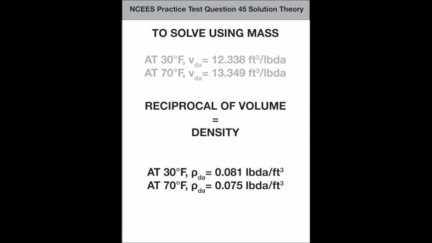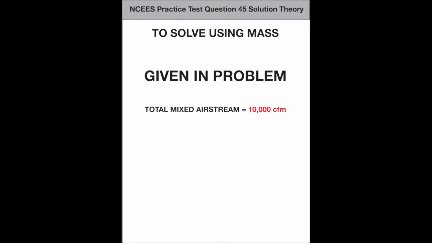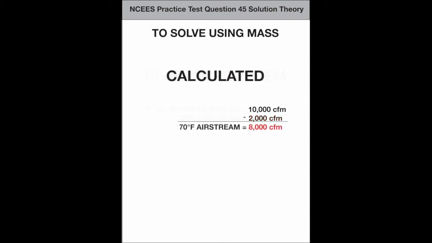Take the reciprocals and multiply them by the volumetric flow to get mass flow. The total mixed airstream flows at 10,000 CFM. The 30-degree airstream flows at 2,000 CFM. So, the 70-degree airstream is derived as the remaining 8,000 CFM.